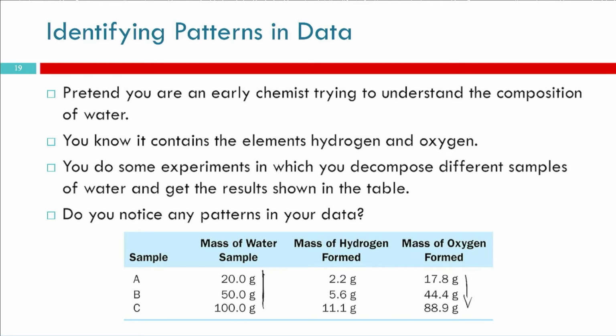Okay, right, so we get more oxygen every time. So we've gone from our 20-gram sample of water, we get 17. Then in our 50-gram sample, we're getting 44 grams. And then in 100 grams, we get 88.9 grams. So there's some relationship between the mass of water and the mass of hydrogen and the mass of oxygen.